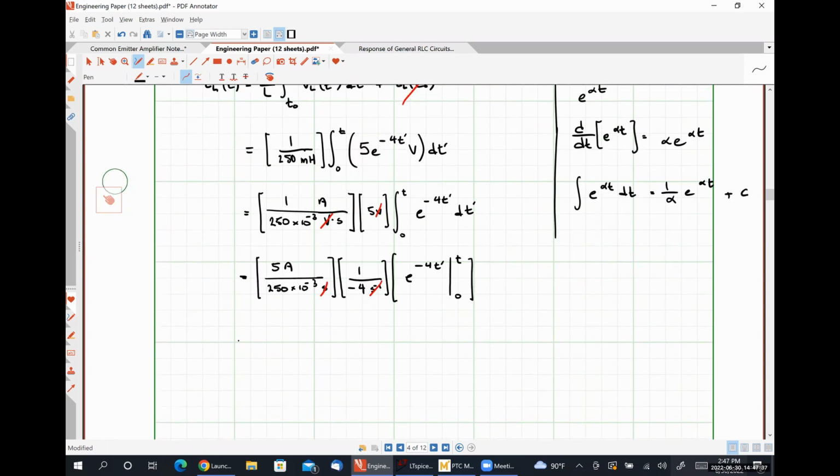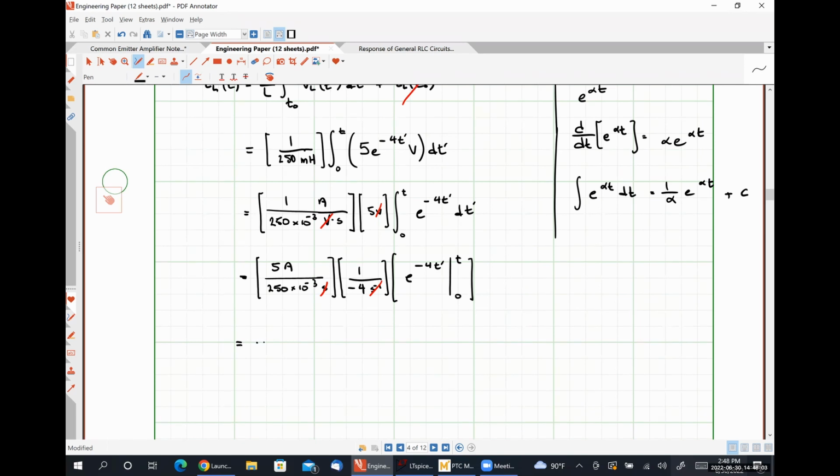So let's play around with these numbers real quick, okay? So I have 5 amps in the numerator, and then I have 250 times 10 to the minus 3 times a factor of -4. 250 times 10 to the minus 3 is 0.25 times 4 gives me 1.